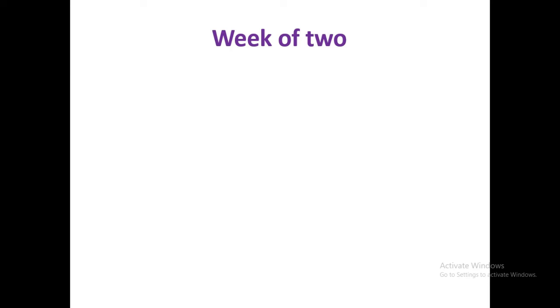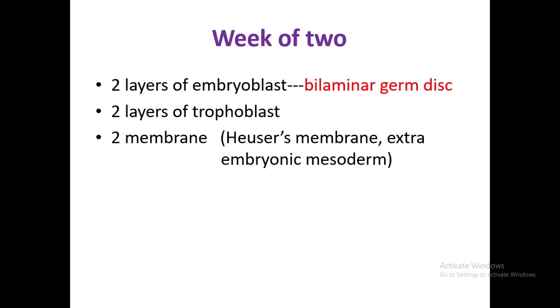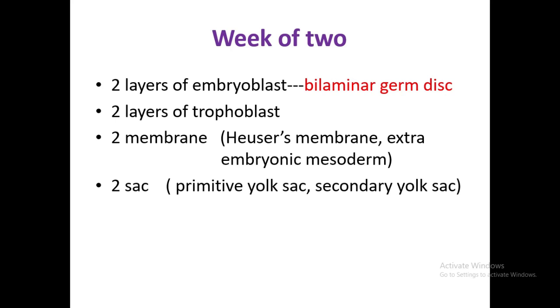We have already told you that the second week of development is known as the week of 2 because it has some important structures. Two layers of embryoblast, epiblast and hypoblast; two layers of trophoblast, syncytiotrophoblast and cytotrophoblast.